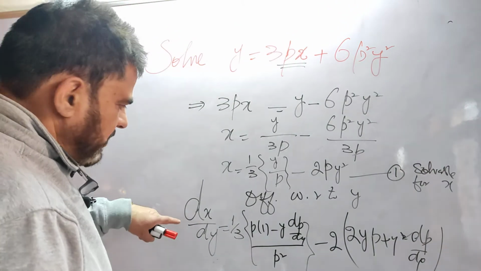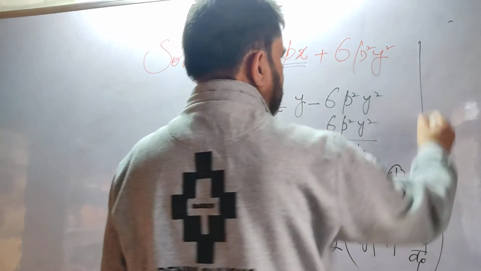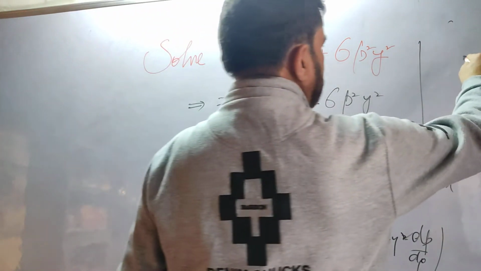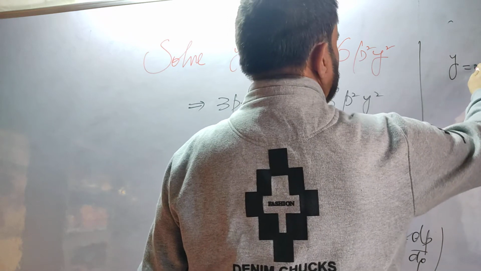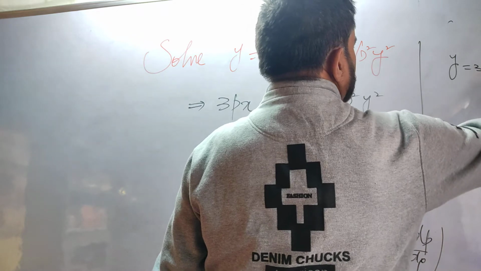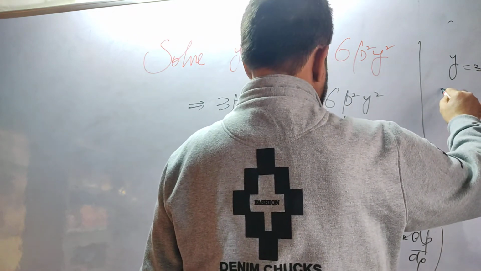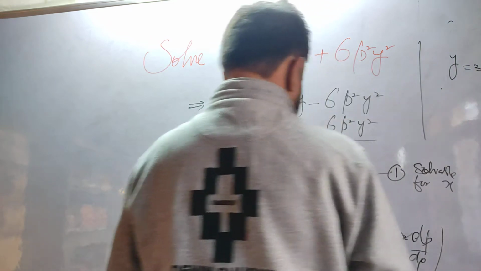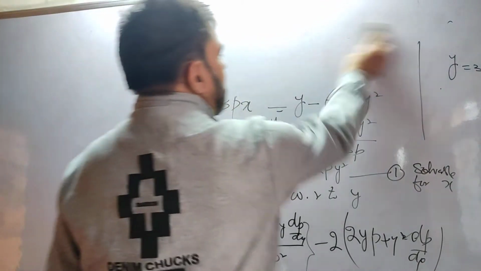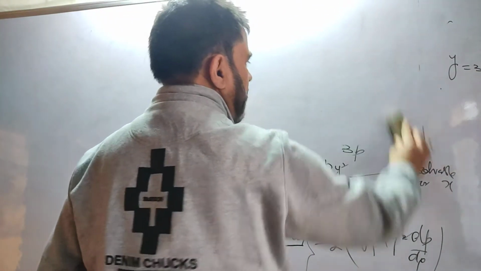Let us simplify this. I will write two equations on this side. I may need them later on. Number this equation, given equation, y is equal to 3px plus 6p square y square, and x is equal to, let it be there. I will rub it, I don't need it now. How do we proceed?